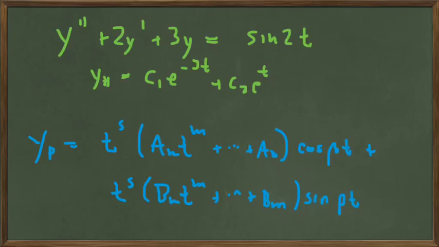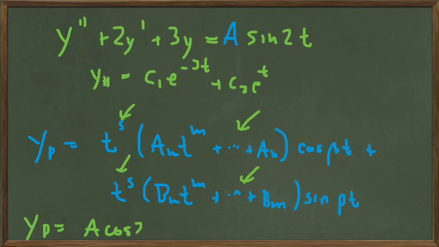But we get lucky in this case because out front here we just have a constant a, and so we do not need this part or this part or this part or this part, and so our yp would just be a cosine, and the beta is 2, plus b sine 2t.